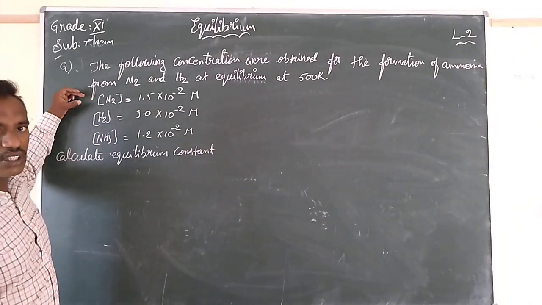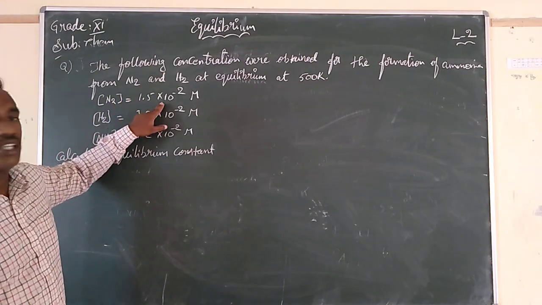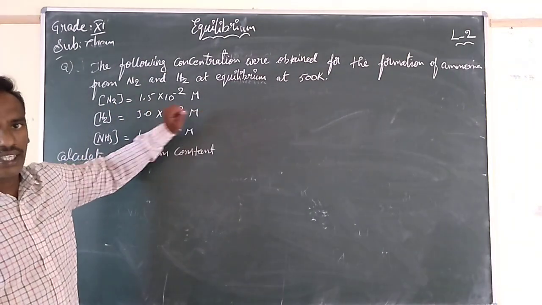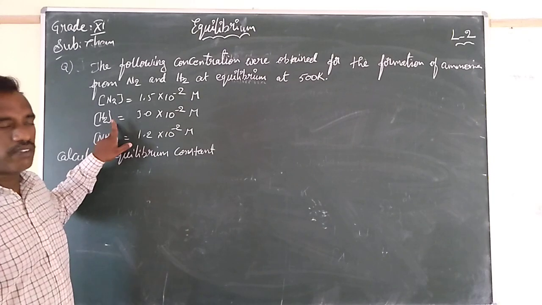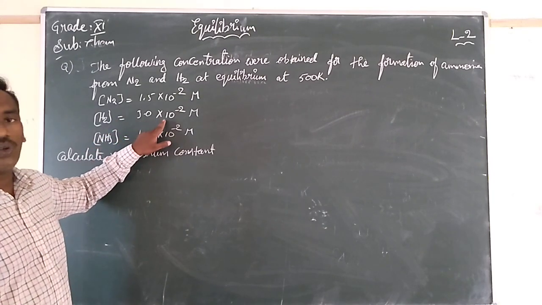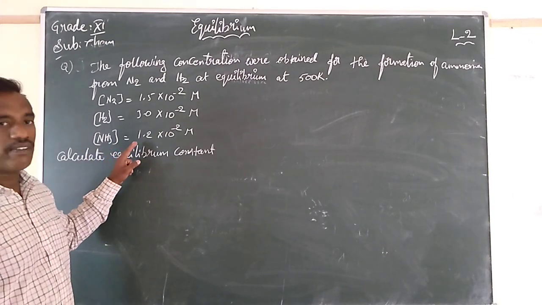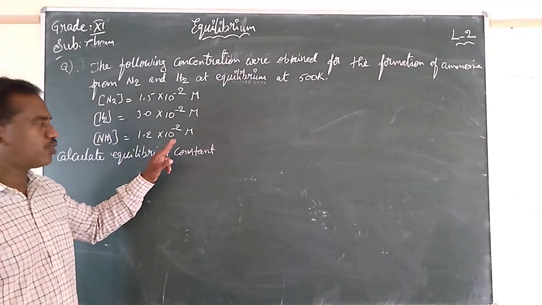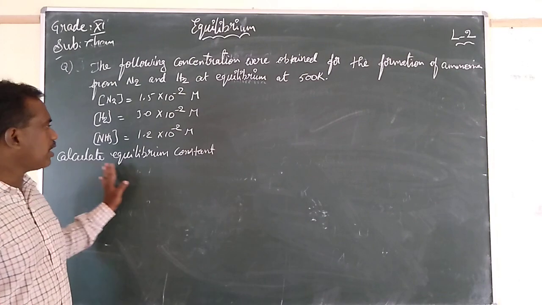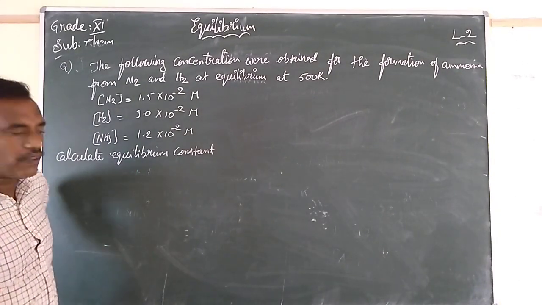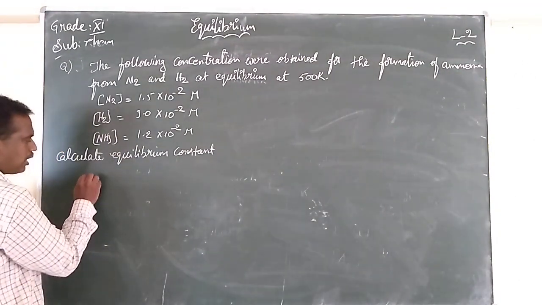Concentration of nitrogen is given as 1.5 into 10 to the power minus 2 molarity. Concentration of hydrogen is given as 3.0 into 10 to the power minus 2 molarity. Concentration of ammonia is given as 1.2 into 10 to the power minus 2 molarity. Calculate the equilibrium constant.